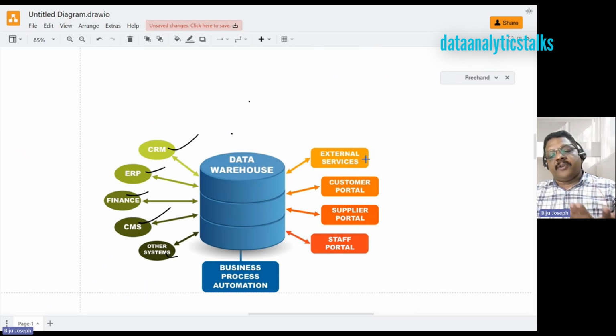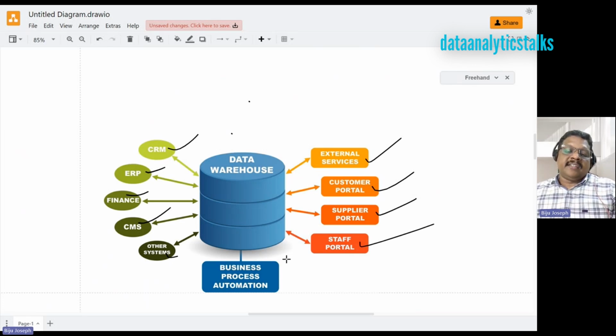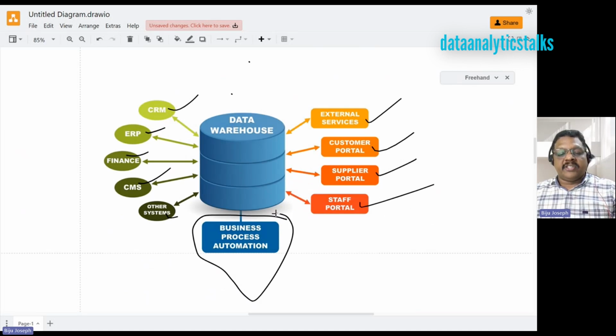It can also come from external services using APIs, customer portal, supplier portal, staff portal, and of course, everything is controlled by business process automation, or maybe using an automated process, bringing all these heterogeneous data into a data warehouse.